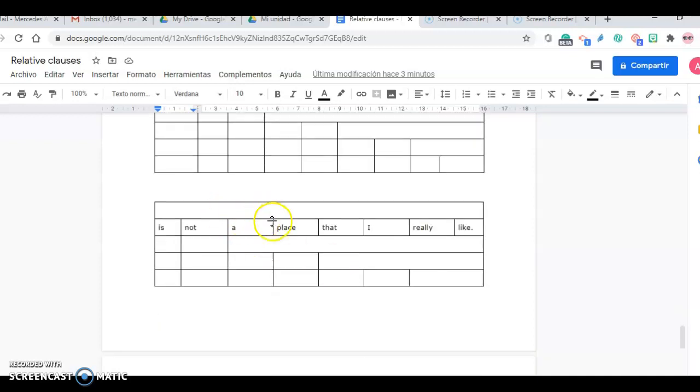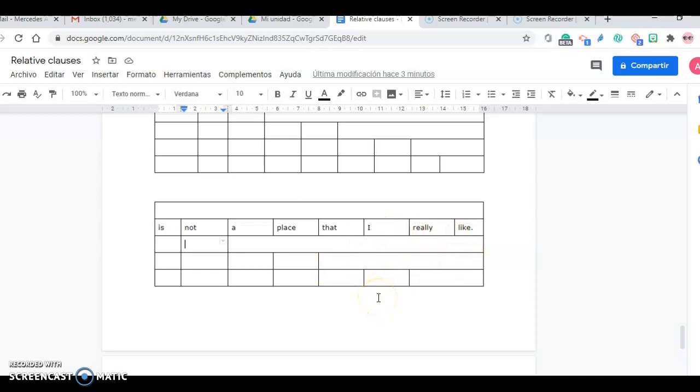And the predicate, we have a verb, copulative verb, adverbial adjunct of negation, adverb, that is not, and then a place that I really like is a subjective complement, noun phrase. Place is the head noun, you know what A is, and that I really like is a post modifier defining relative clause.